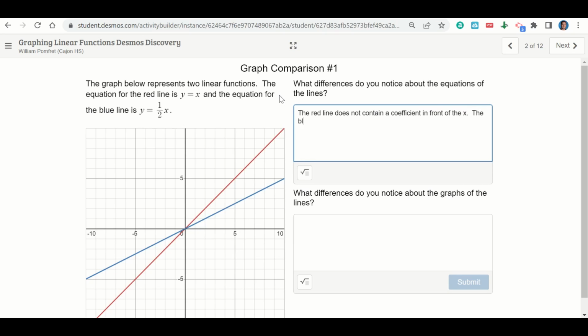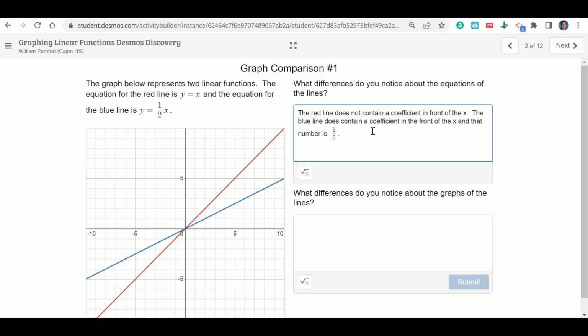The blue line does contain a coefficient in front of the x, and that number is, and I'm going to use this symbol to make sure it types math, 1/2. So all I did was state what the difference was in the equation.